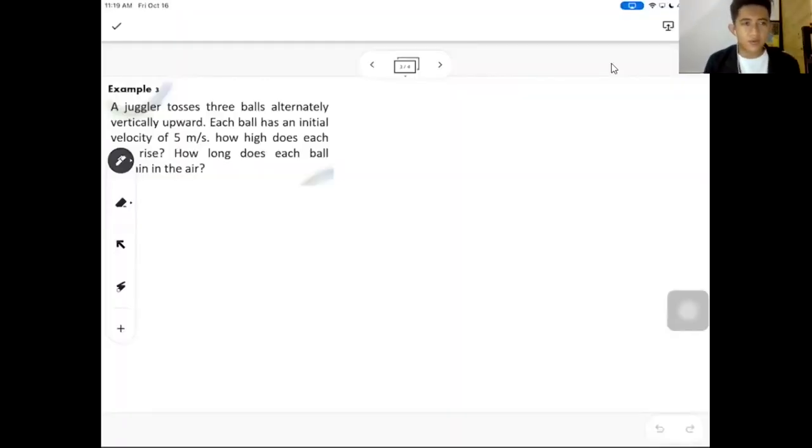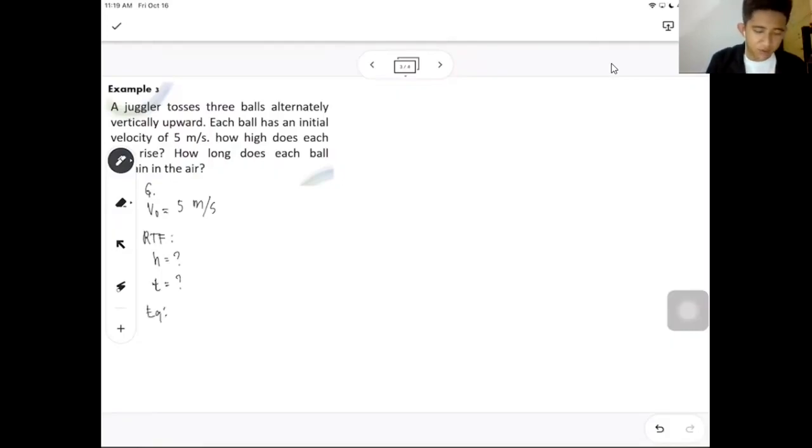So here we have the juggler that tosses the balls upward. We have a given initial velocity of the balls, considering that they have the same weight and same structure, with the same initial velocity of 5 meters per second. We are required to find the height and time it takes for the ball to be at the highest height.